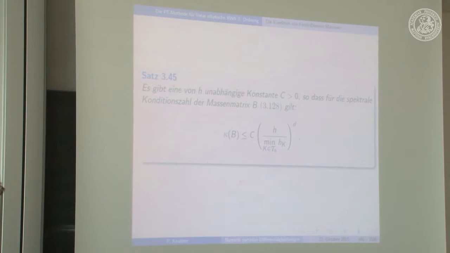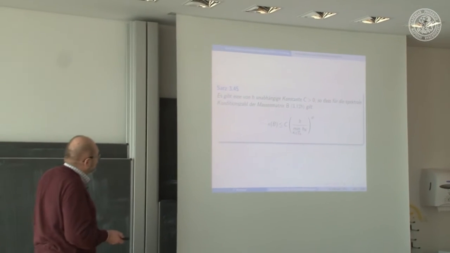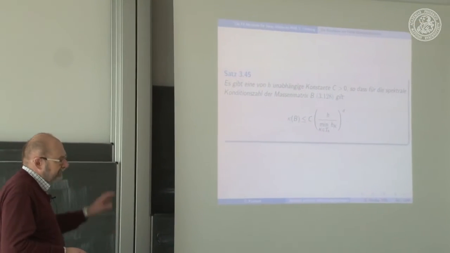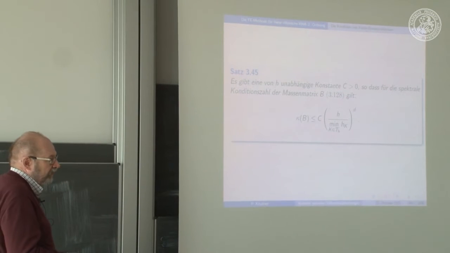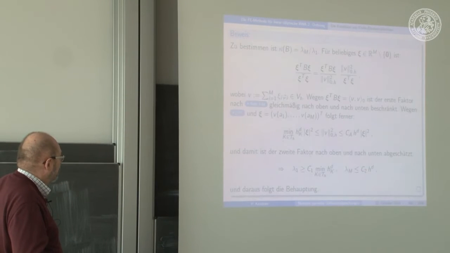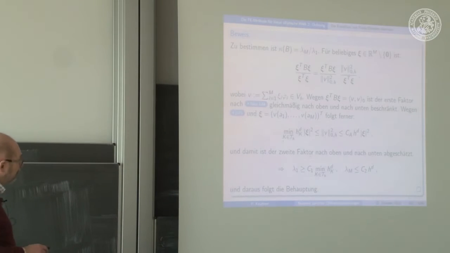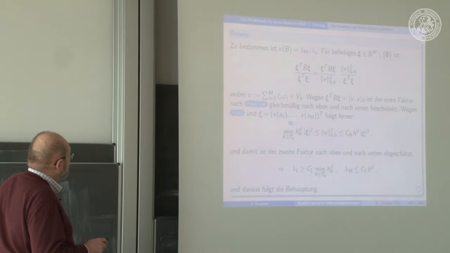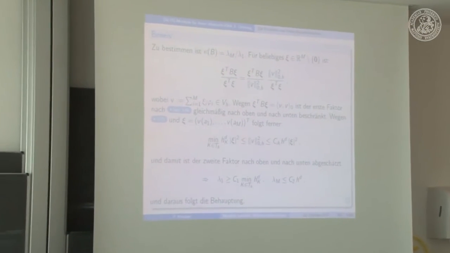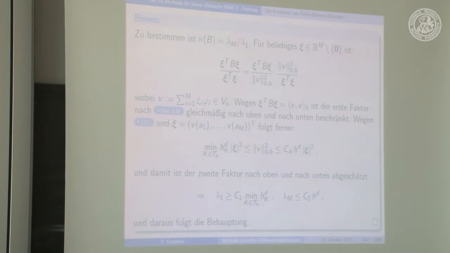So we do so, and by using it, we want to prove this uniform boundedness of the condition number of the mass matrix. So let's look at it. What does it mean? We have a symmetric matrix. We are looking at the condition number with respect to the Euclidean norm.